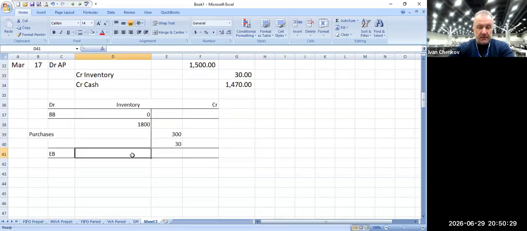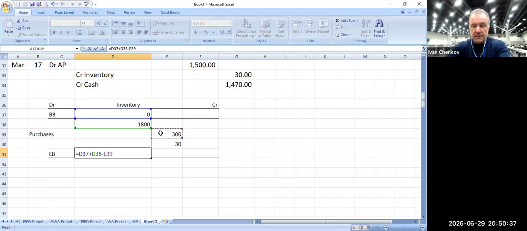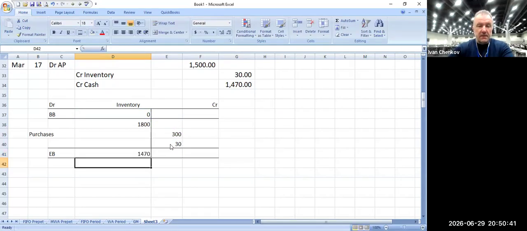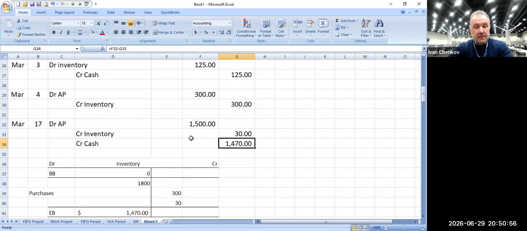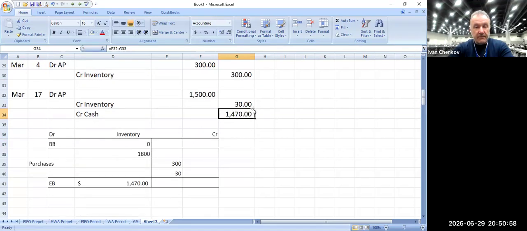So what's the value of our inventory? Inventory will be beginning balance plus purchases minus return minus the discount. So our inventory is $1,470. Isn't that the cash that we paid? That's exactly the cash that we paid for that.